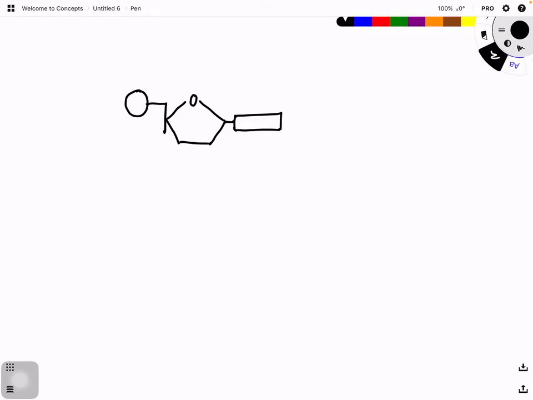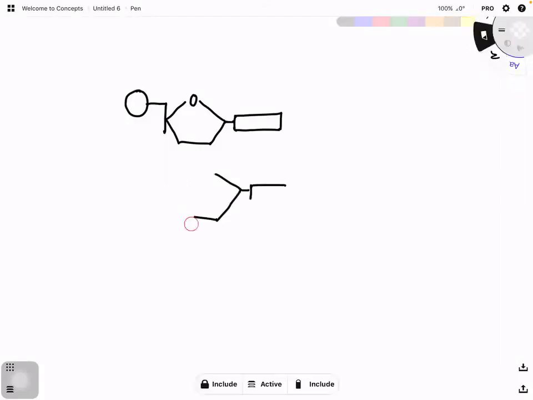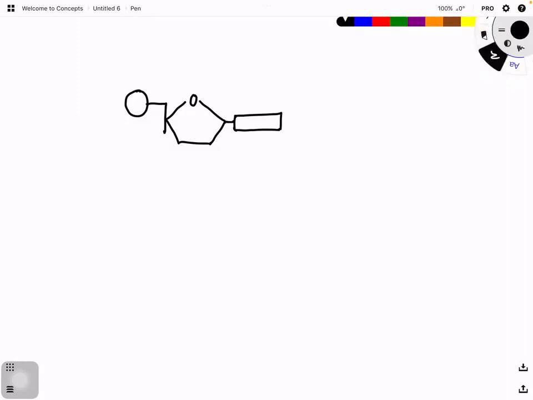So one thing you have to know about the phosphate group: if I join another nucleotide here, sorry, I think I draw it this way better. So the bond will form this way.